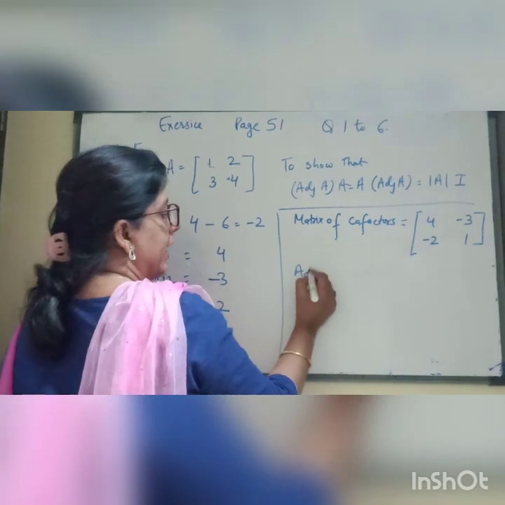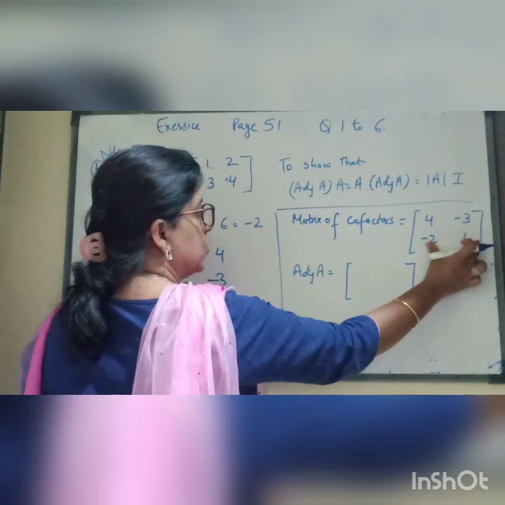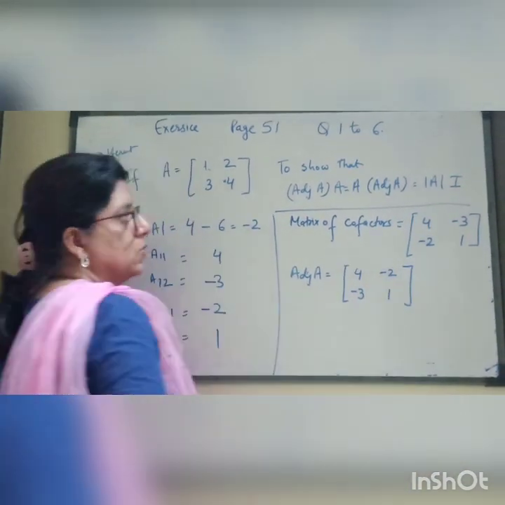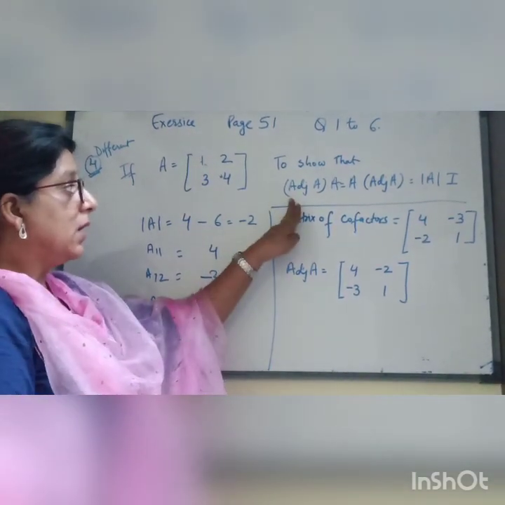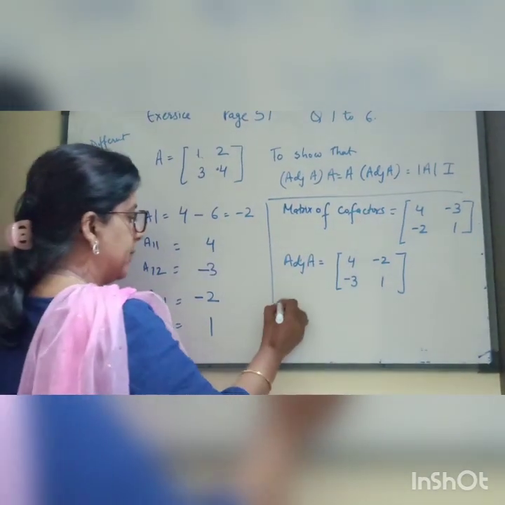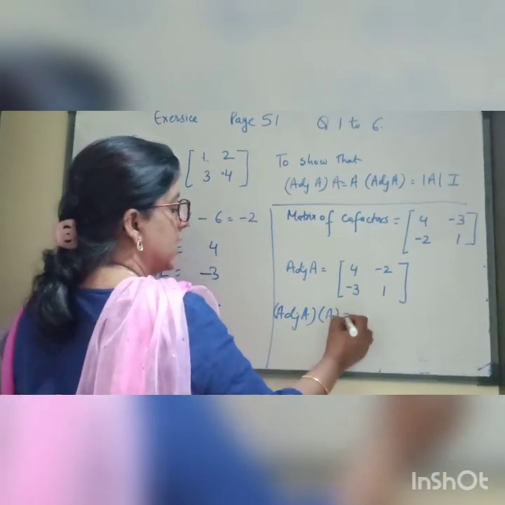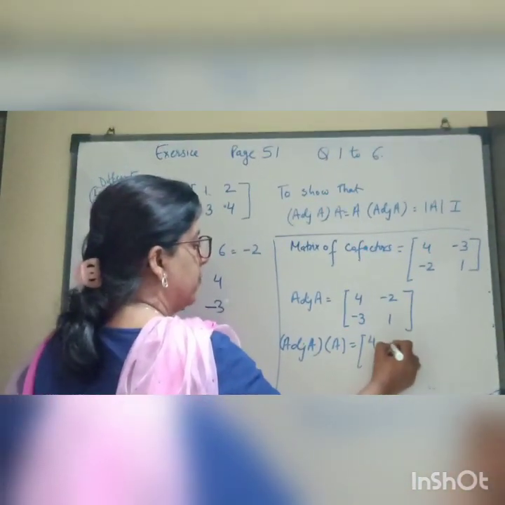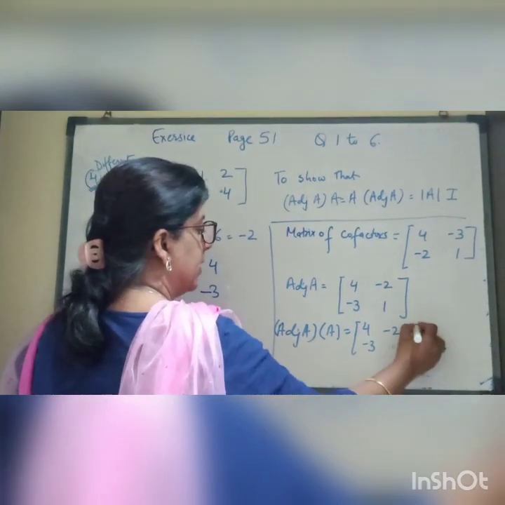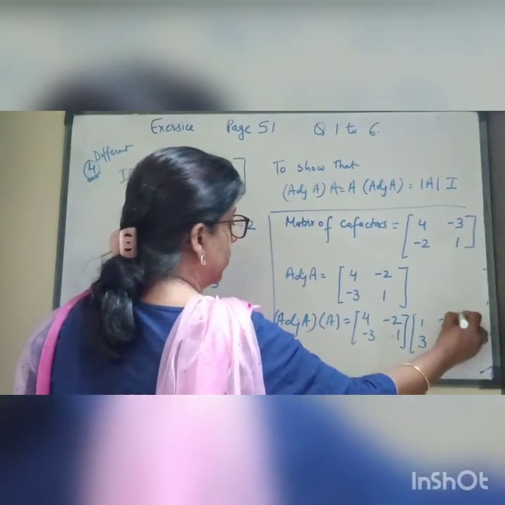Now we want the adjoint of A. You know the adjoint of A is the transpose of this matrix. So 4, -3, -2, 1. Now we have to show that adjoint of A into A equals this. So let us multiply the adjoint of A by the matrix A. The adjoint of A is [4, -2; -3, 1] multiplied by [1, 2; 3, 4].